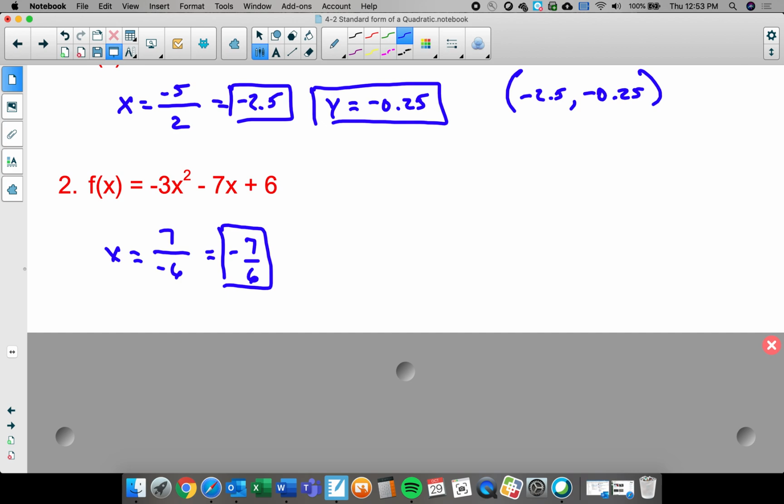So we end up with -3 times -7/6 squared minus 7 times -7/6 plus 6. And we end up with a really bad decimal, and it turns out that the y-coordinate is +121/12, okay, is what you end up with.